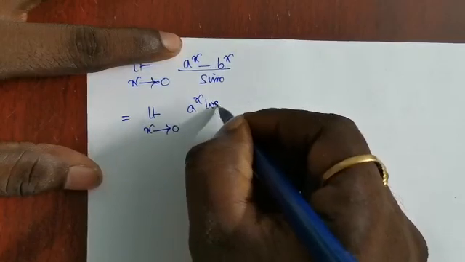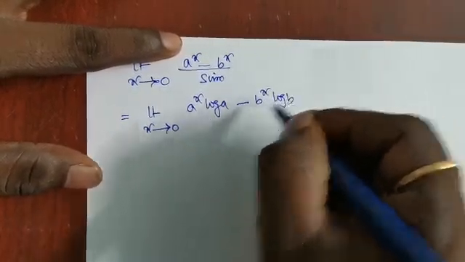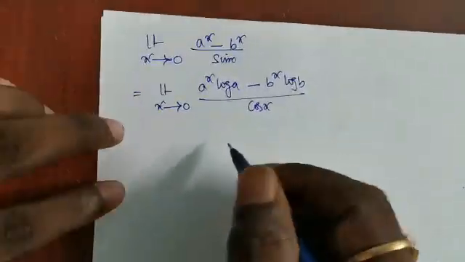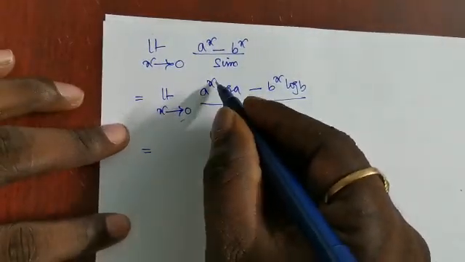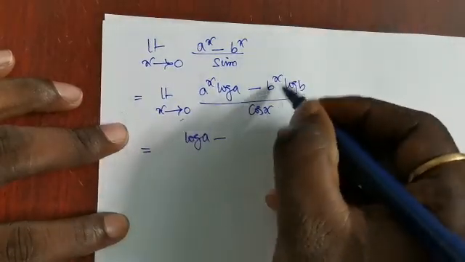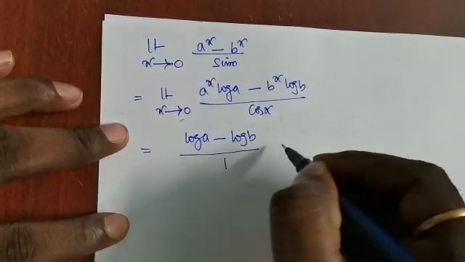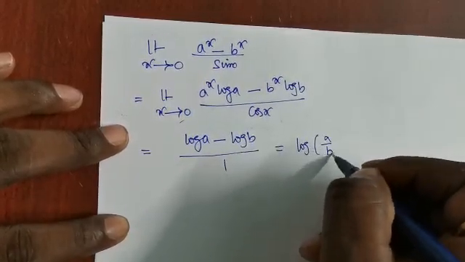A power x log a minus b power x log b, divided by the derivative of sin x, which is what? Cos x. Now substitute 0 here, then what do we get? A power 0 is 1 and then log a, minus b power 0 is 1 and then log b, divided by cos 0 is 1. Now log a minus log b, that is log of a by b.